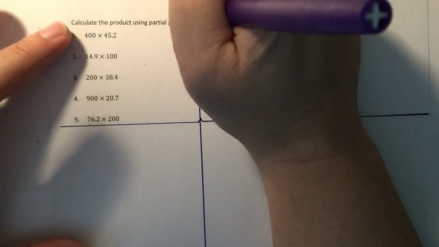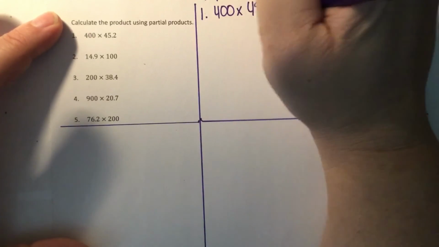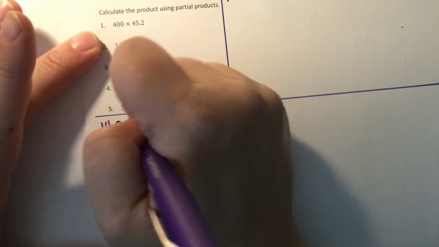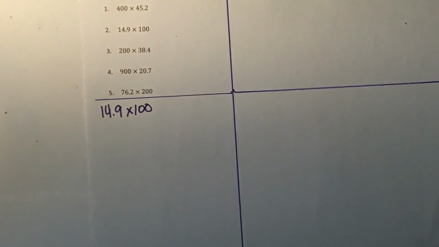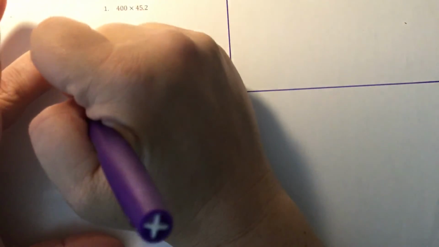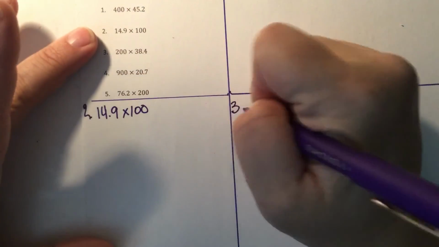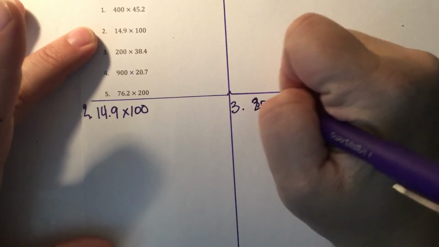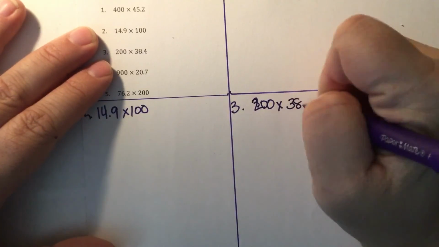Okay, so if I go 400 times 45.2, then I have here 14.9 times 100. Show all your work. Model whichever way you want. This is number 2. Number 3, 200 times 38.4.